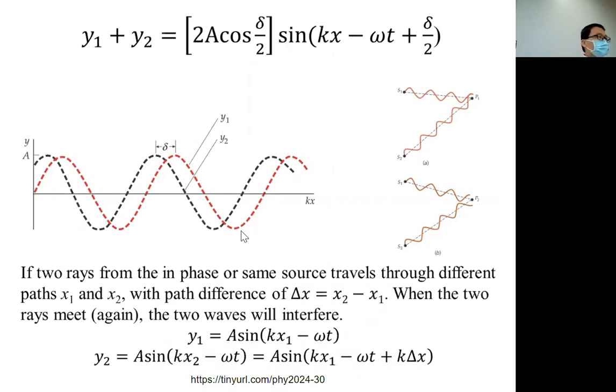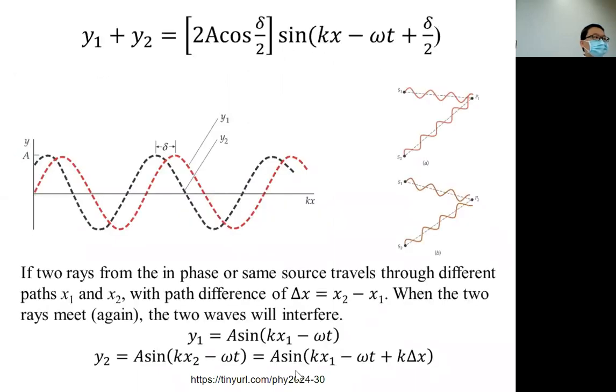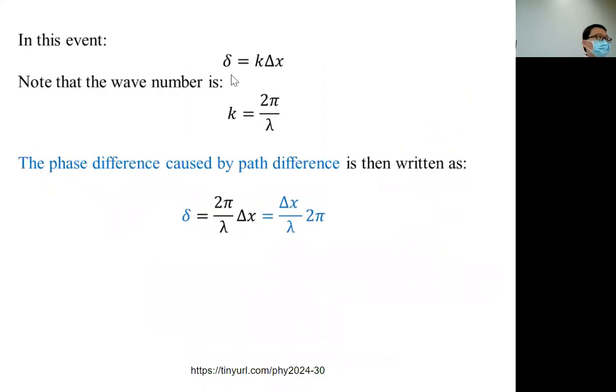If there's a path difference, then for the argument in the sine function, you'll have a difference of k times delta x compared to the original y1 or y2. So it results in a phase difference in the argument: delta phi equals k times delta x.